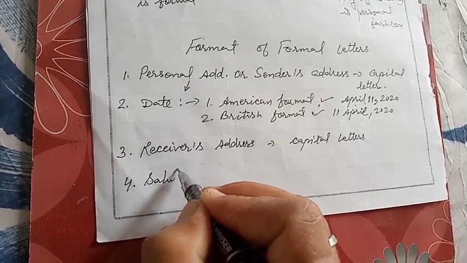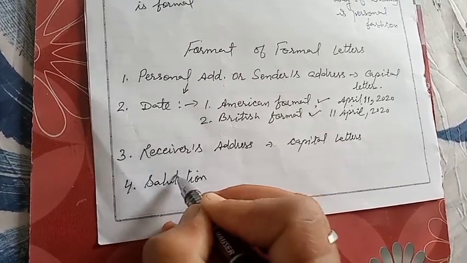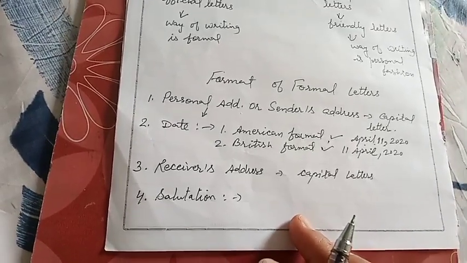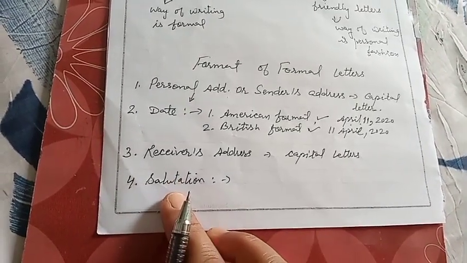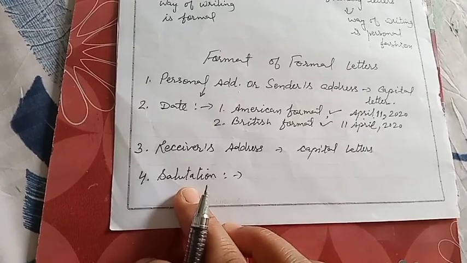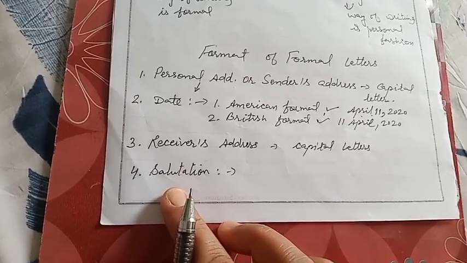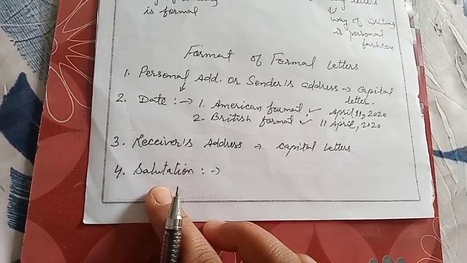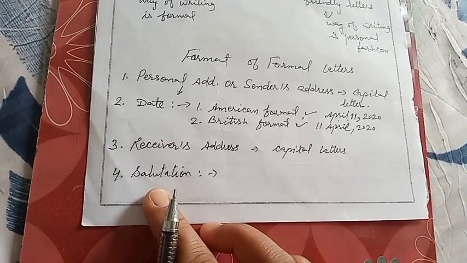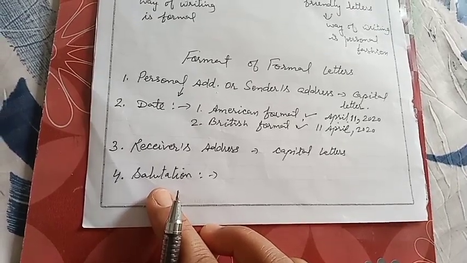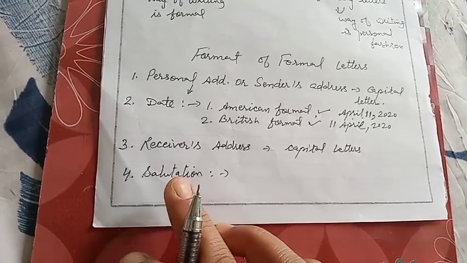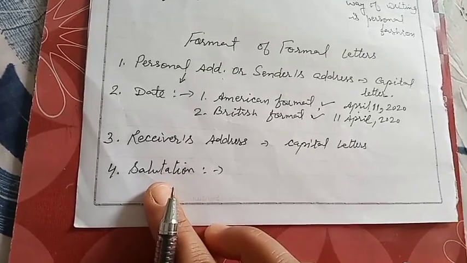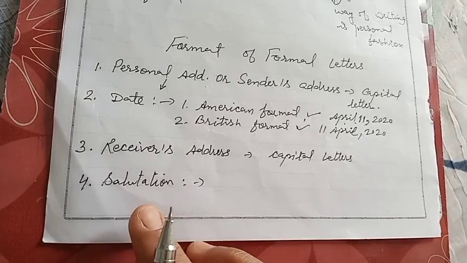Salutation comes before the subject now. It will not be wrong to write salutation after the subject, but it is useful that we are updated with the CBSE curriculum. So remember that salutation should be written before the subject.